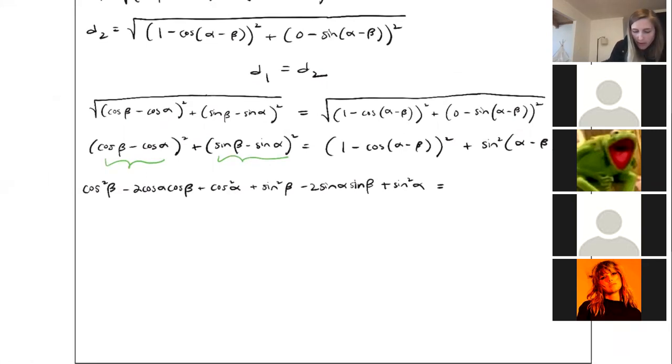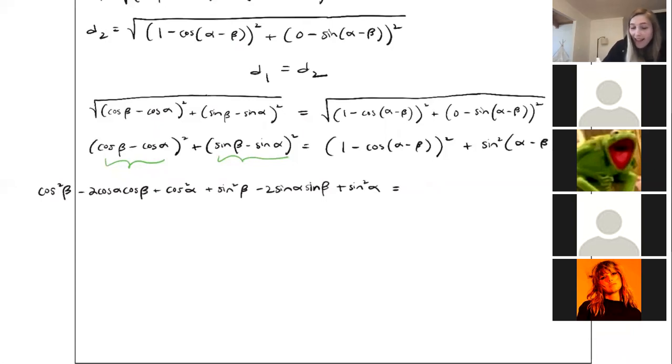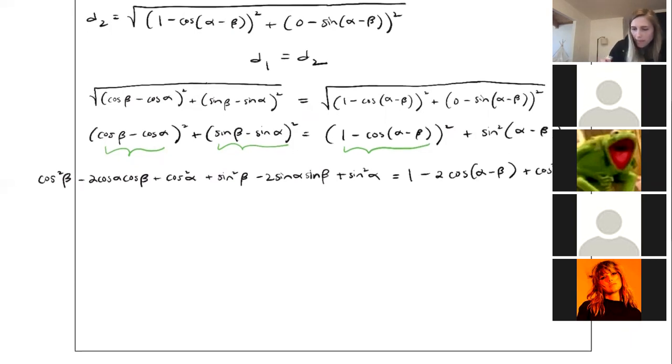I'm going to move this over a little bit. And then on the right-hand side, when I multiply out 1 minus cosine of alpha minus beta, that's going to end up being 1 minus 2 cosine of alpha minus beta plus cosine squared of alpha minus beta plus sine squared of alpha minus beta.